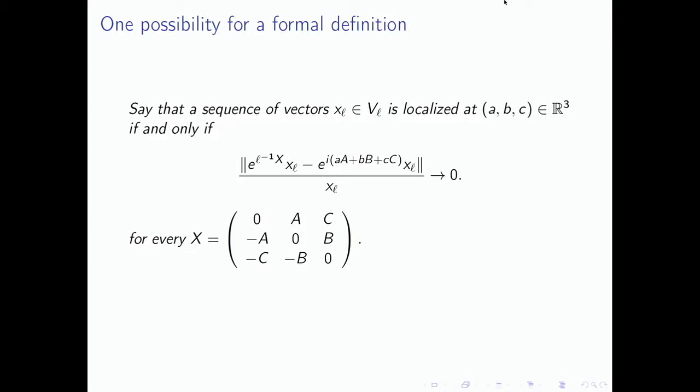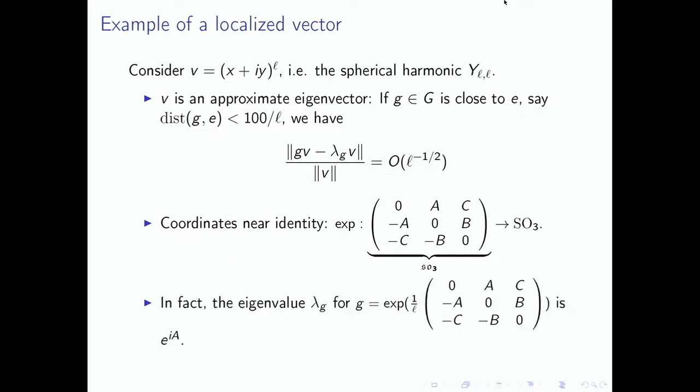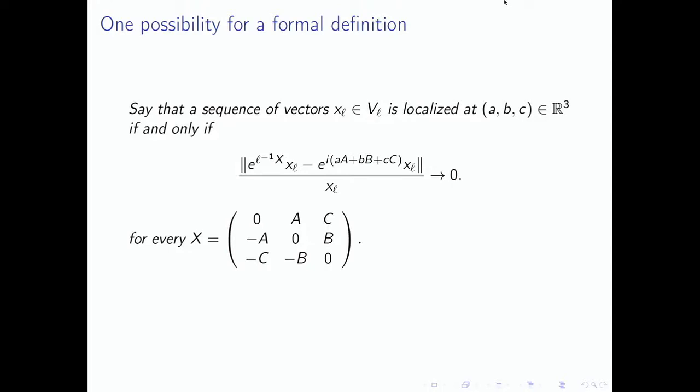So to make the definition cleaner, imagine you have a sequence of vectors in the representations V_L when L is getting larger and larger. And I'm going to say that it's localized at the point (a, b, c) in R^3 when the following holds. If I apply the exponential of this matrix scaled down by L, then this thing is an approximate eigenvector, and the eigenvalue is indexed by a, b, and c in this way.